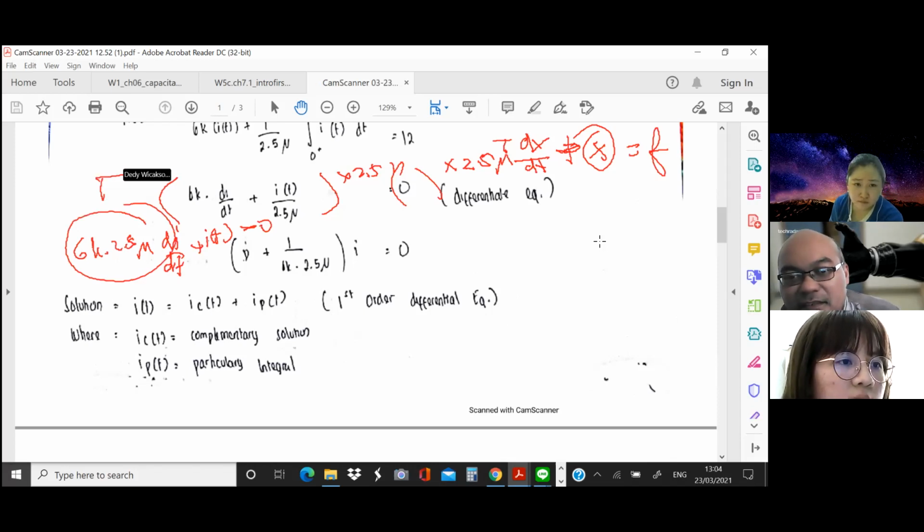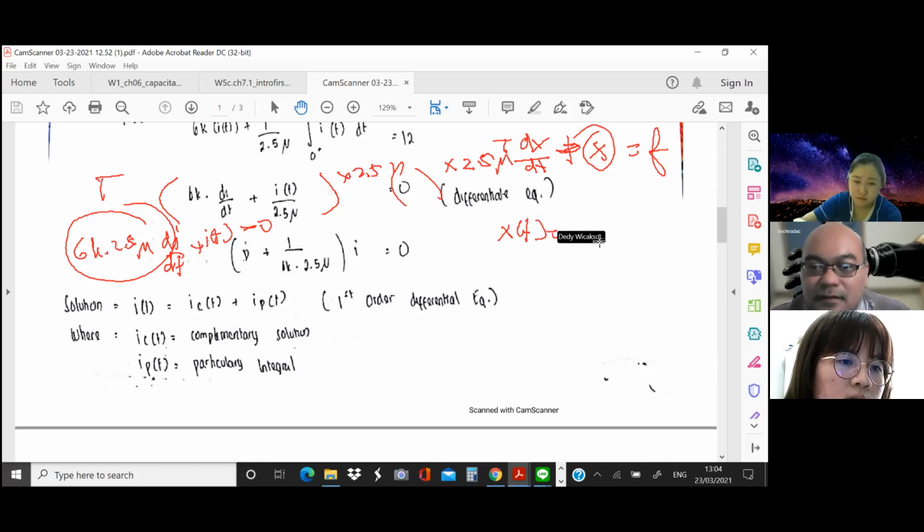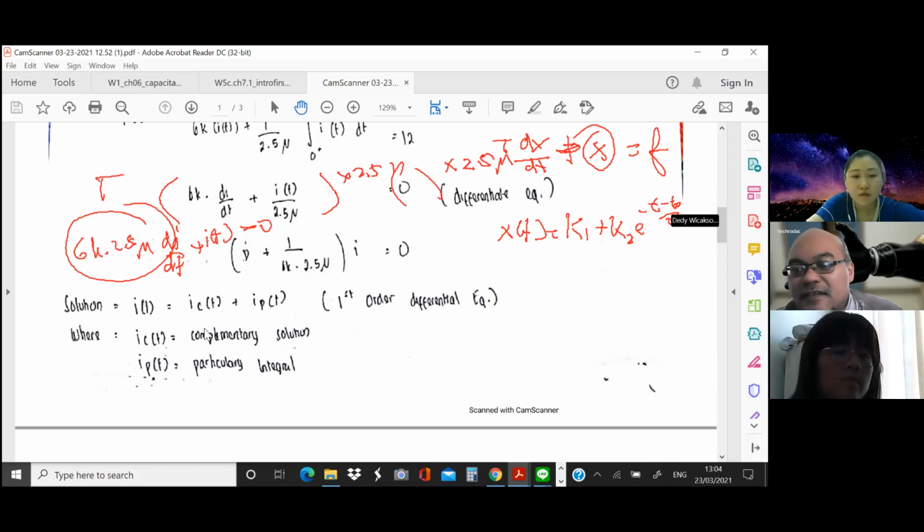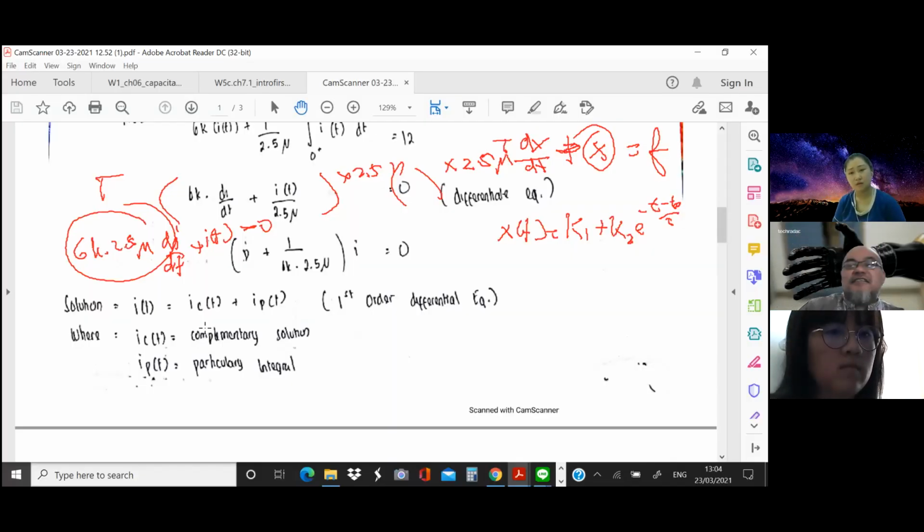Because the general solution for tau dx/dt plus x equals F will be x(t) equals K1 plus K2 exponent minus t over tau. Simple.